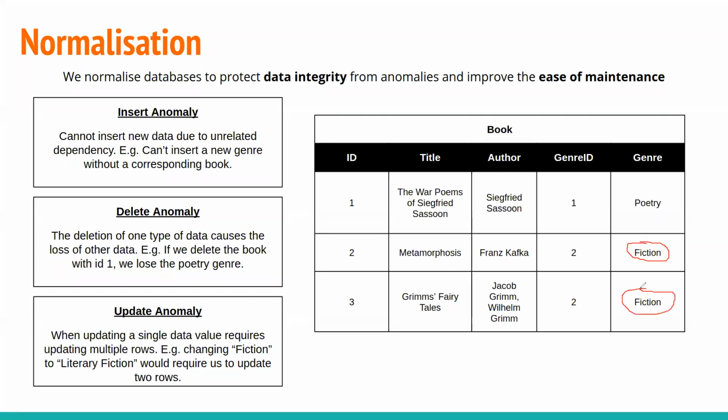But there is a way that you could implement this incorrectly where only one of these things is updated. And so then you have some data that's outdated. That's an update anomaly. So either updating something requires you to update multiple rows, or you forget to update certain things, so certain things that should have been updated weren't. Okay, so those are the 2 ways that the update anomaly can occur.